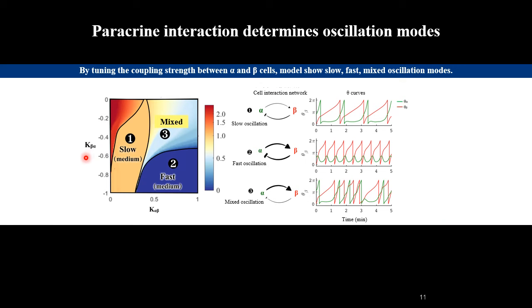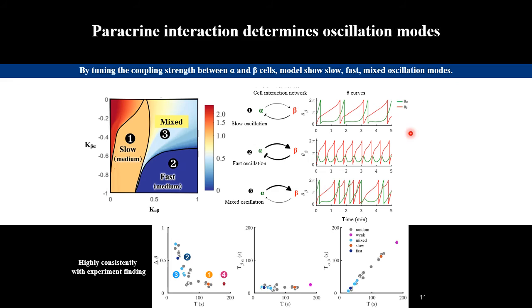By tuning the coupling strength between alpha and beta cells, we found the model also displayed three types of behaviors: the slow oscillation, fast oscillation, and mixed oscillation. And moreover, the alpha and beta cells are stably phase-locked in all these patterns.